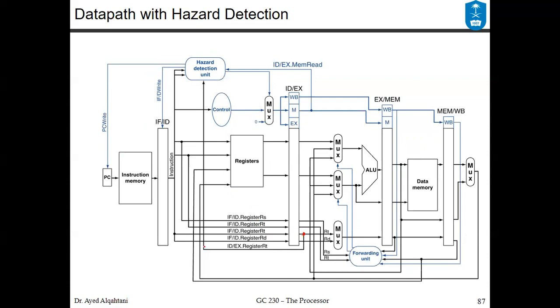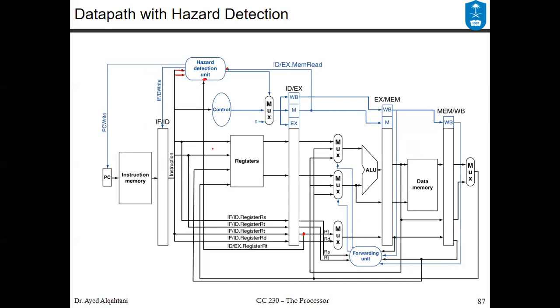When it is a destination, and also the memory read is active, meaning that the instruction is a load, we also take some information from the instruction to know if the forwarding is valid.